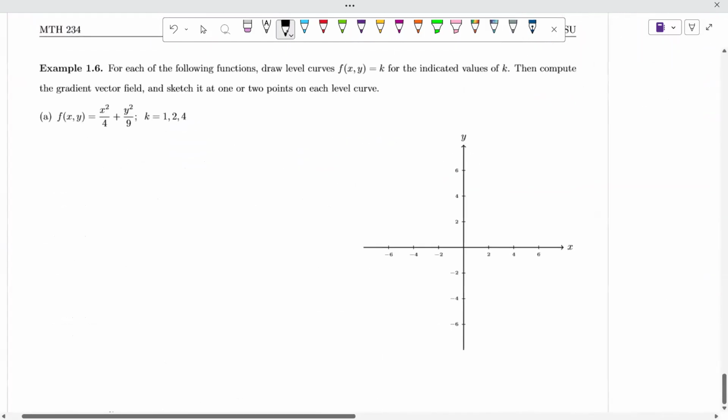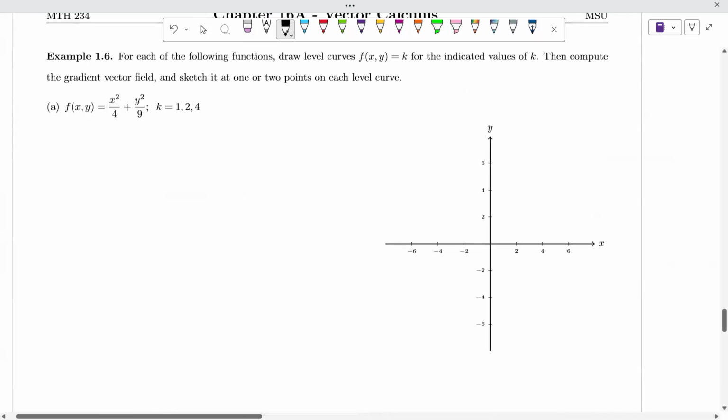All right, and then in our next example, we want to sketch out a few level curves, calculate a gradient, and then compare it to a couple of points that are on that graph. So right off the bat, I want to look at the function x squared over 4 plus y squared over 9, at a few values for k. 1, 2, and 4 were suggested, but I'm actually going to change that.